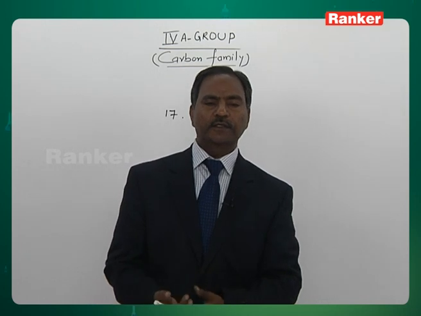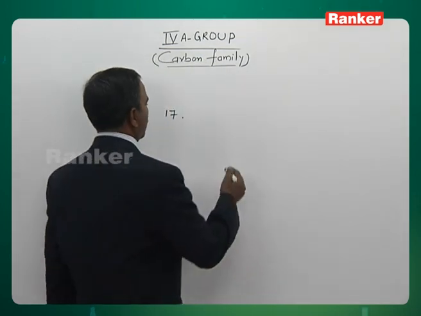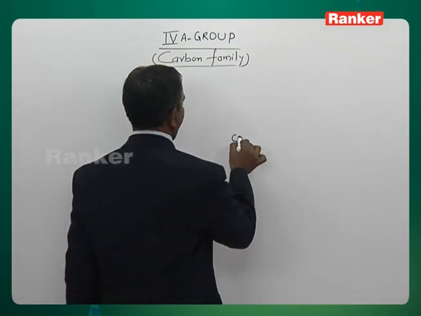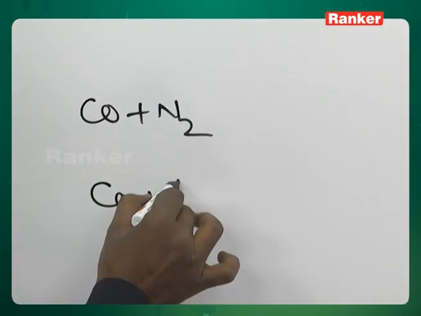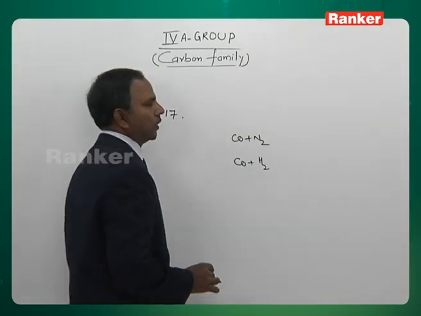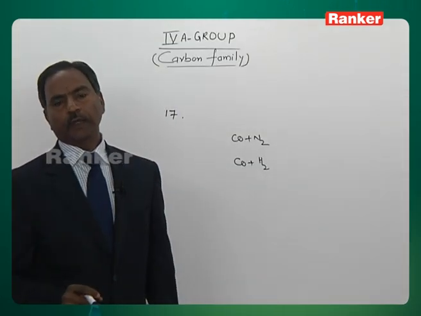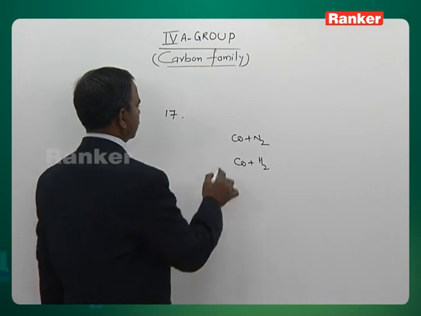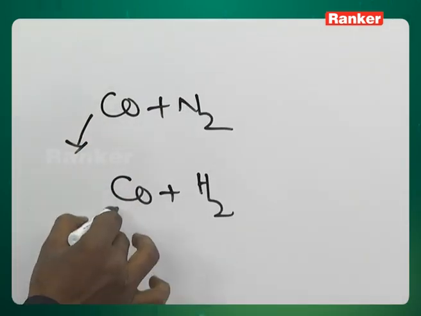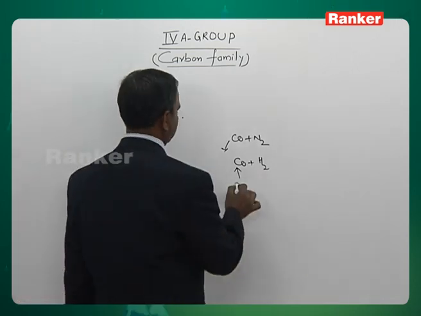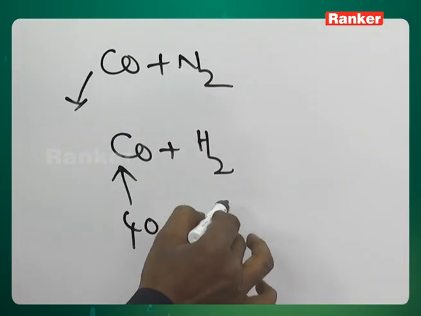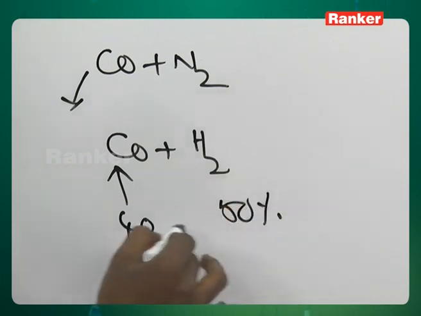Coming to producer gas and water gas. Producer gas is actually CO plus N2. Water gas is CO plus H2. The percentage of CO in producer gas is very less, but the percentage of CO in water gas is more, nearly 40%, and this is near about 50%.